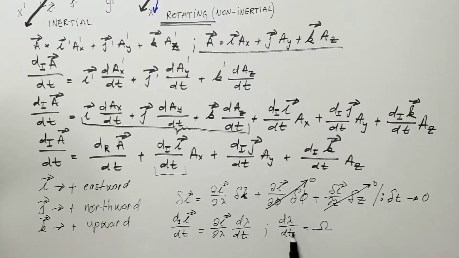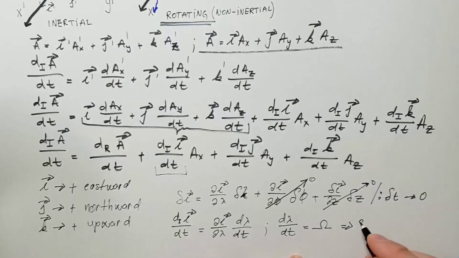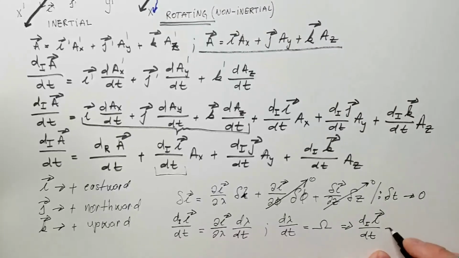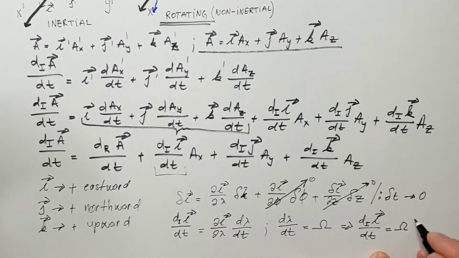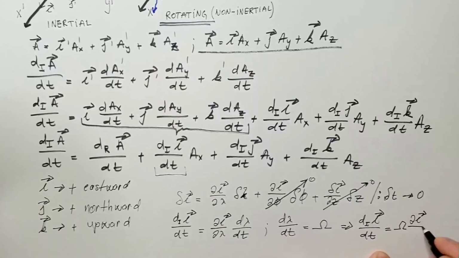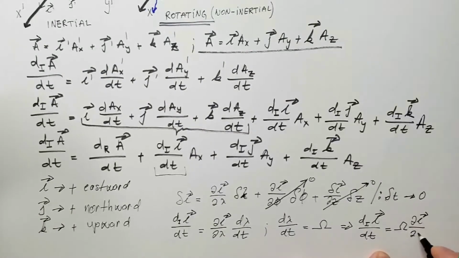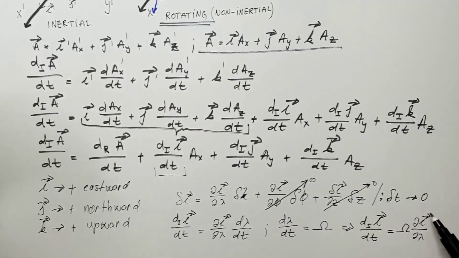In other words, d lambda dt is omega, which means that di of I dt is equal to omega delta I delta lambda. Now we need to find this delta I delta lambda.